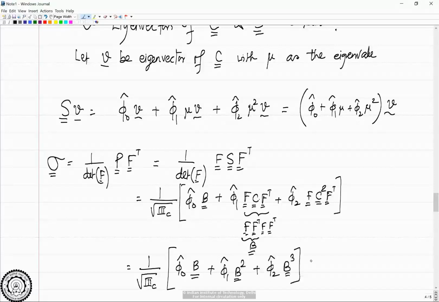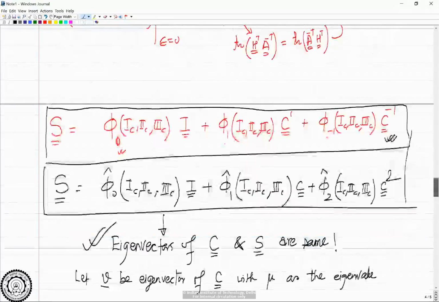So from here you see that sigma and B share the same eigenvectors. So we are able to finally write down the expression of S and sigma for a non-linear isotropic material. It is not linear isotropic, it is non-linear isotropic material.